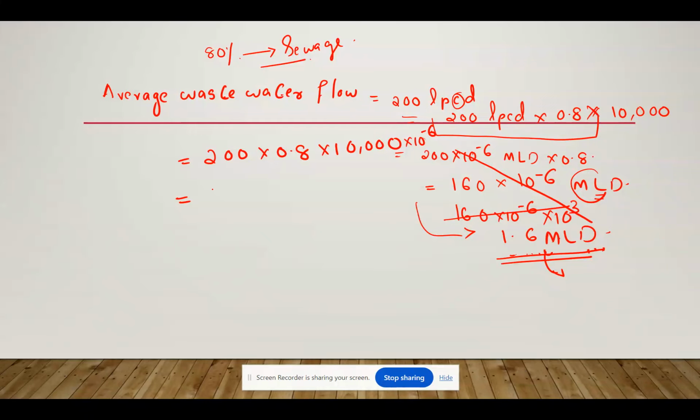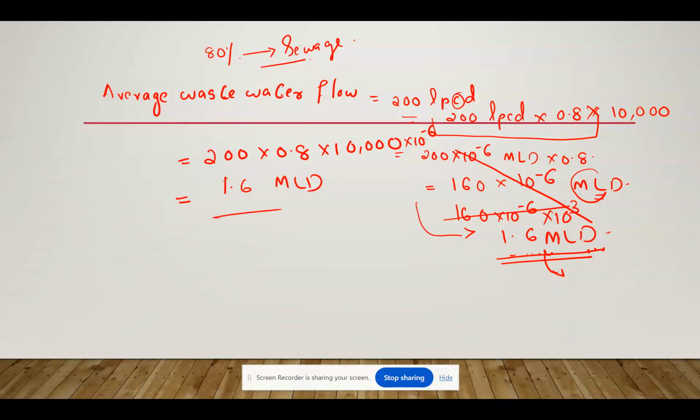Then the final value will be 1.6 MLD. Is this right? Right, okay.